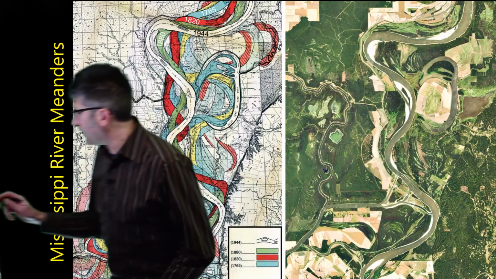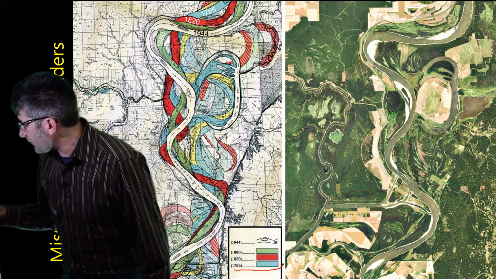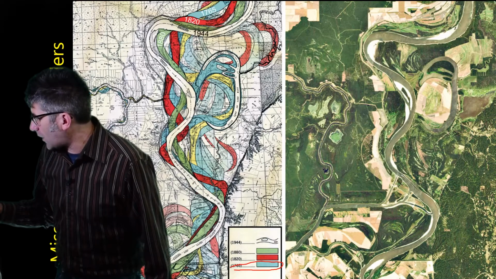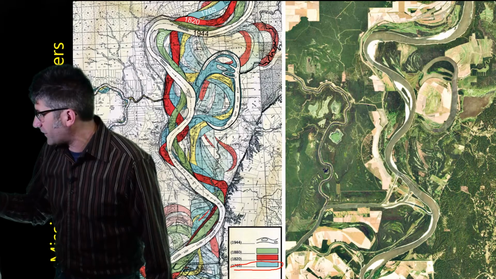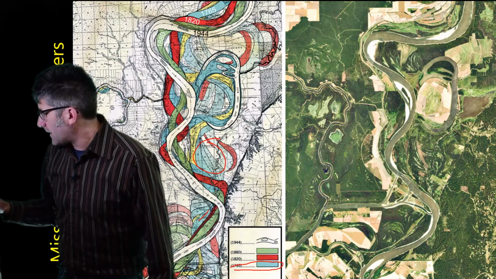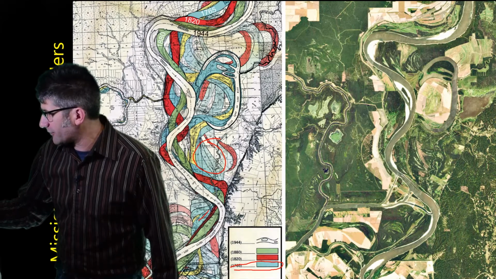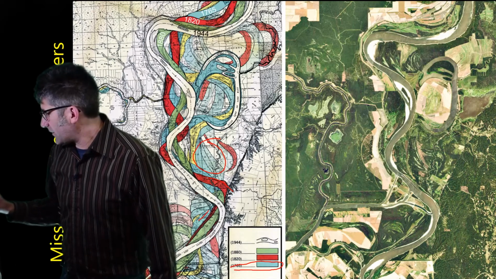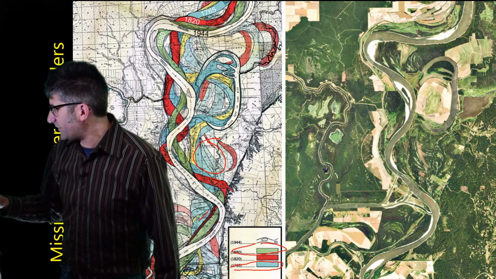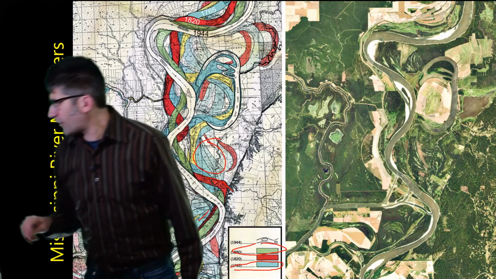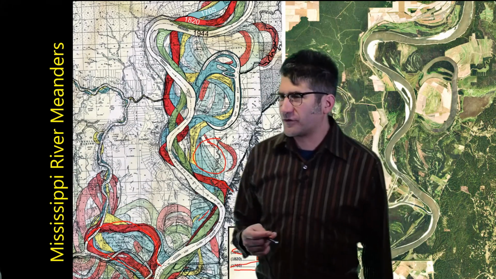I don't know if you can see this, but the blue values here are where the stream was in the 1760s. So all these areas in blue here. And then the red is from the 1820s. So here are some old meanders. And then the green is from the 1880s. And so we can track how a river meanders across its floodplain over time.